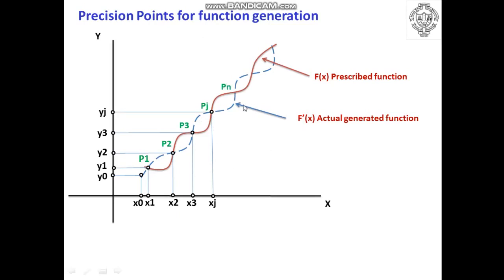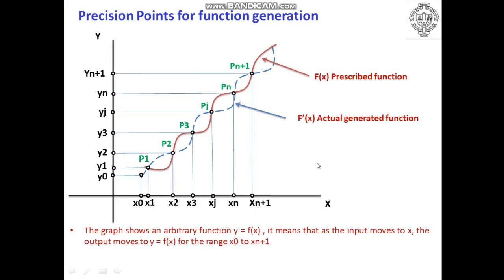Similarly, if we consider n points, all such points where both the functions are matching lie along this particular path, with coordinates xn and yn. Then the last point will be p n plus 1, with coordinates xn plus 1 and yn plus 1.